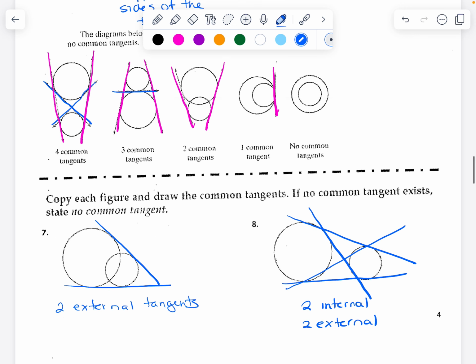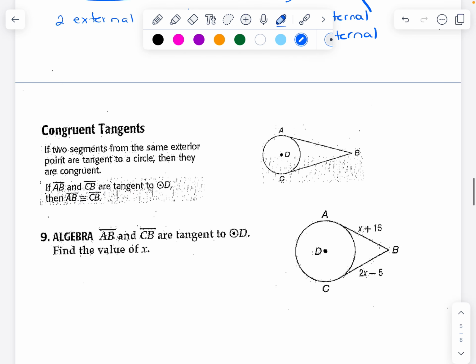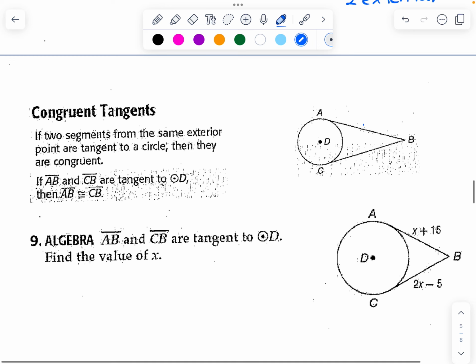When you have external tangents, they form 2 congruent segments. So as long as they are tangents from the same point, they will be congruent.